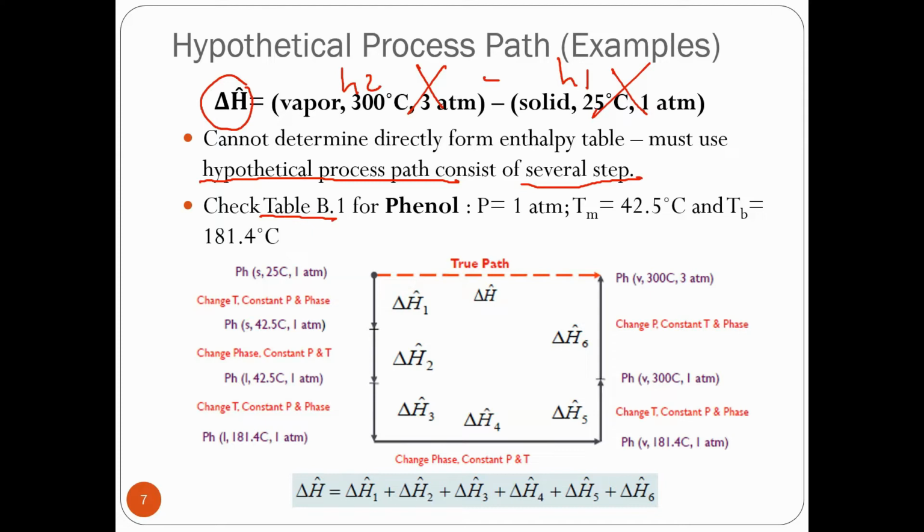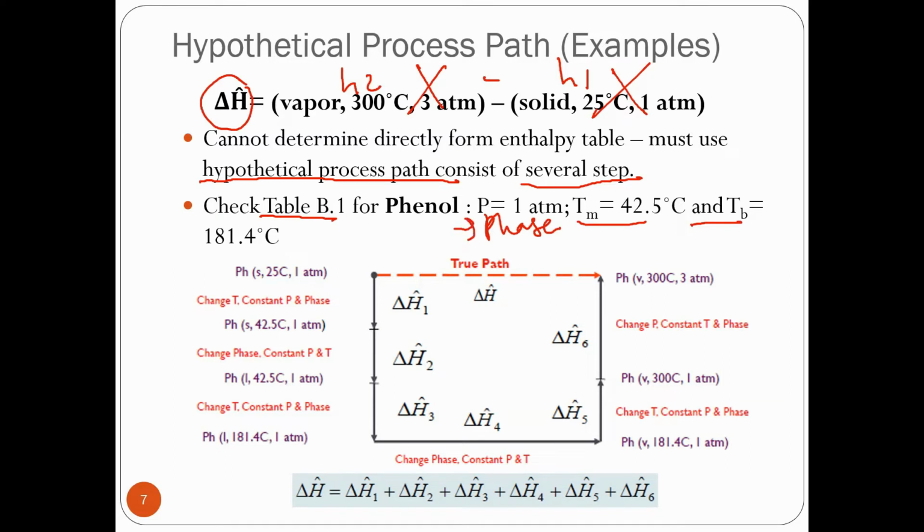So what is the melting point and what is the boiling point? Here the melting point is 42.5 degrees Celsius and the boiling point is 181.4 degrees Celsius. By giving you the melting point, you can also assume your phase, right? Okay.